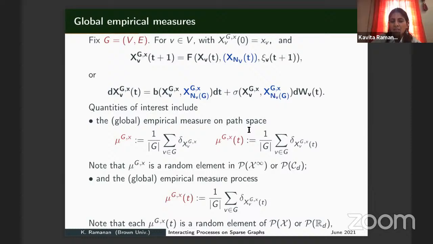And when I have a T, it is looking at the empirical measure of the particular states, which I rewrote here. So this is a random probability measure on path space, and this is a random probability measure just on the state space. You're interested in both these quantities, for example.